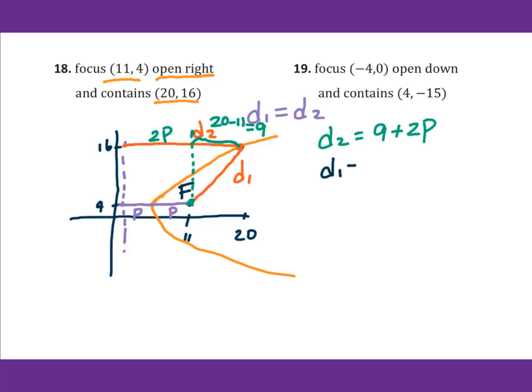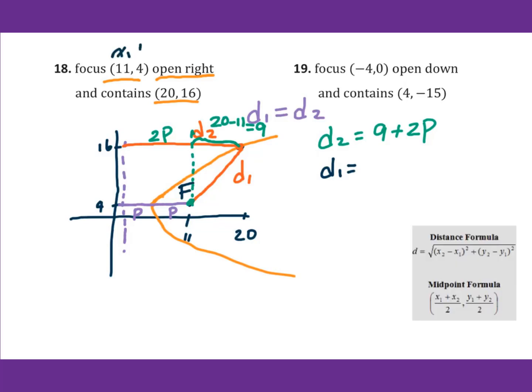D1, I can use the distance formula. We label this x1, y1, x2, y2. So D1 equals the square root of (20 minus 11) squared plus (16 minus 4) squared. You will get D1 equals 15.